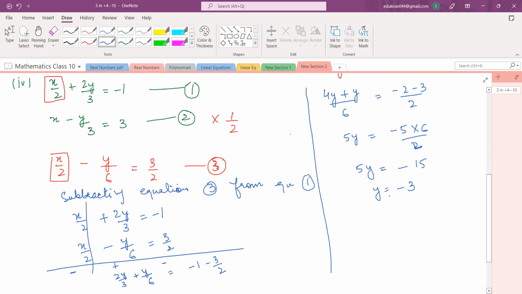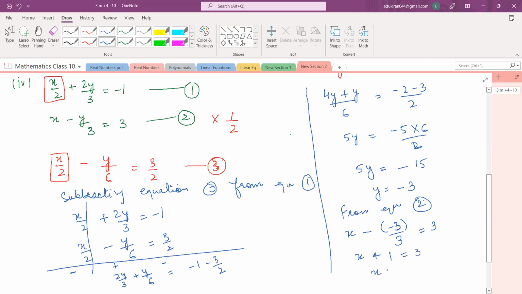Yes, ma'am. Now you substitute this value anywhere, from equation second, let's say. It is easy. So x minus y by 3, so that is minus 3 divided by 3, which is equal to 3. So this is x plus, and 3 by 3 is 1, which is equal to 3.